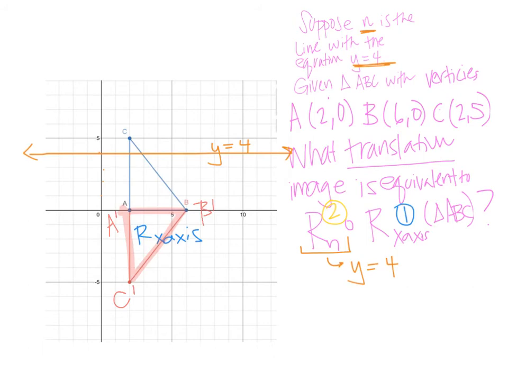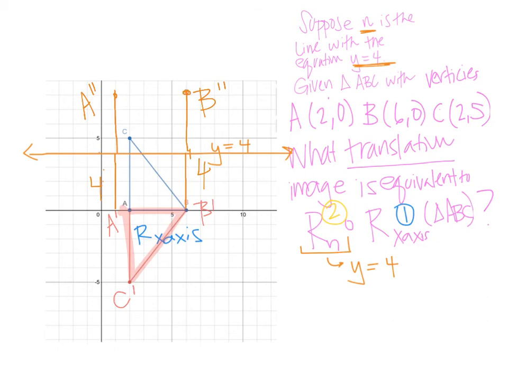So this distance right here is 4 units. I need to go 4 units on the other side, and that's going to be my A, we'll call it double prime. Same thing with B prime. B prime is 4 away, so I'm going to go 4 to the other side, and I'm going to call that B double prime.